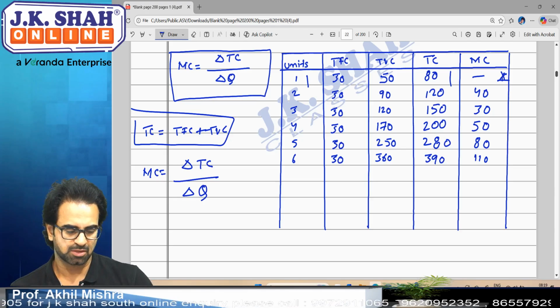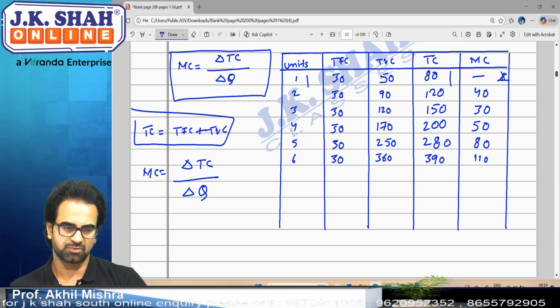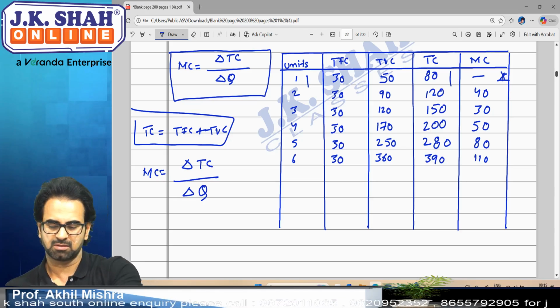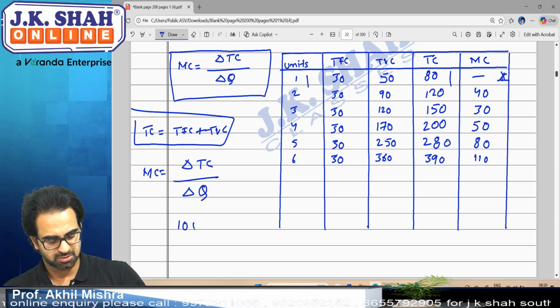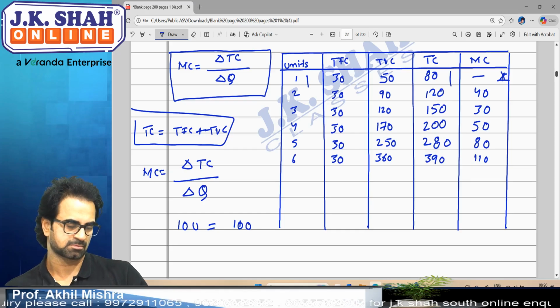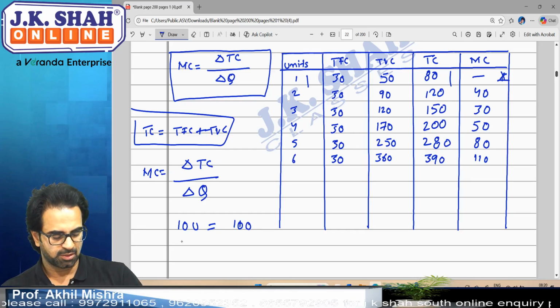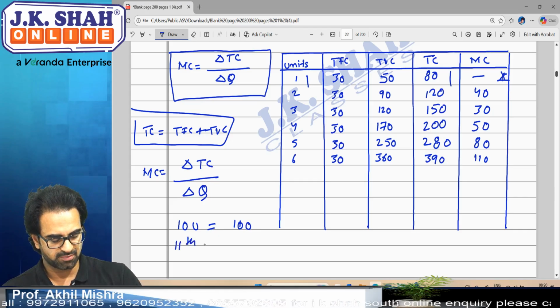Yesterday I explained that marginal cost is the cost which you incur. Let's say you produce 10 units of any commodity and the cost was 100 rupees, for example. Now you're producing 11, one extra, the 11th unit, and the cost of production goes to 110.